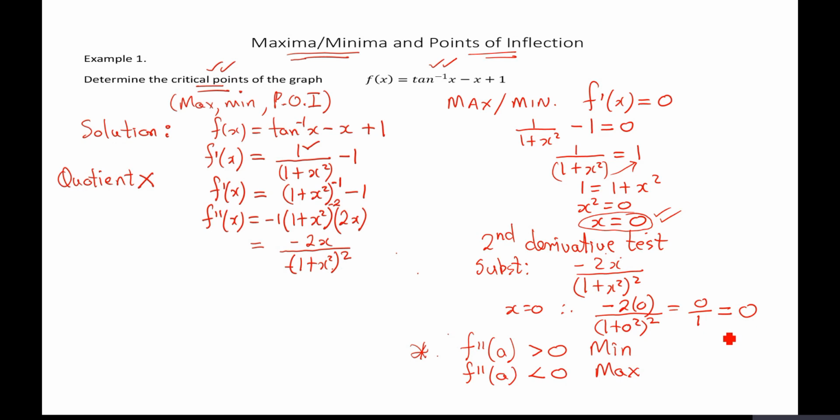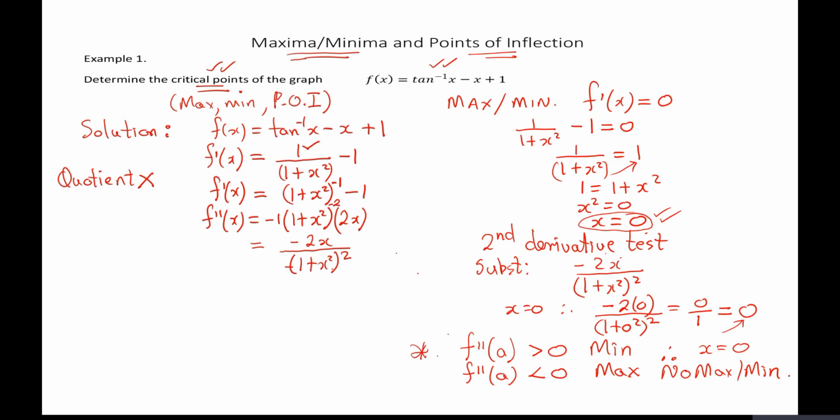But in this case, we get exactly equal to 0, neither positive nor negative. So what's our conclusion? We cannot establish whether it's maxima or minima, meaning that x equal to 0 is not a maximum or minimum. Therefore, there is no max or minimum value. So x equal to 0 is not a maximum, neither is it a minimum value.